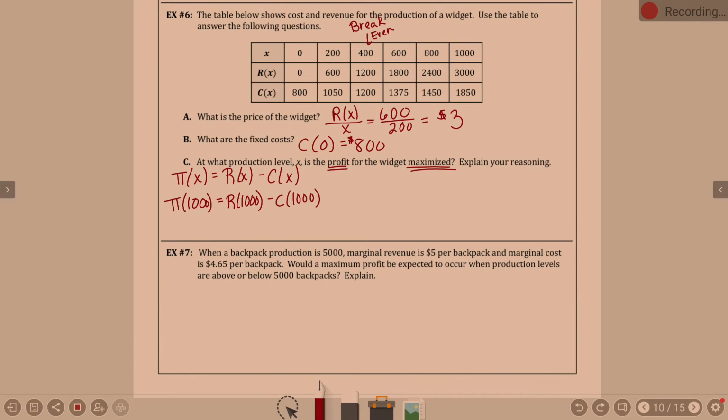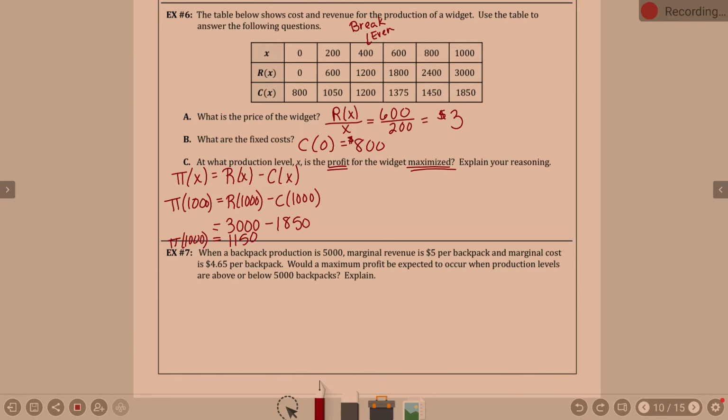So that's going to be 3,000 minus 1,850, which is some number I have written in my notes. $1,150. If you check all your other values, never will you get a value as big. So that is a max profit.